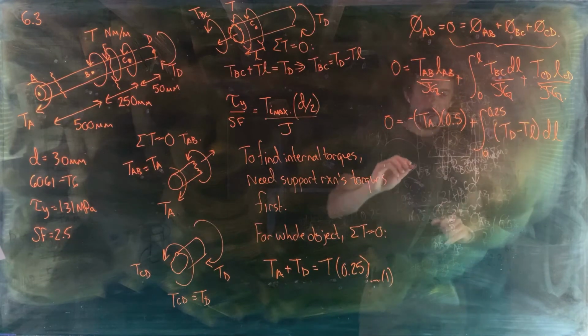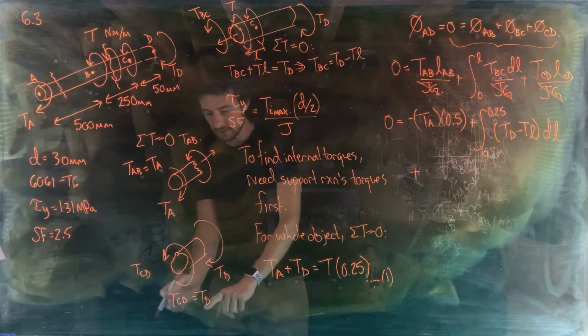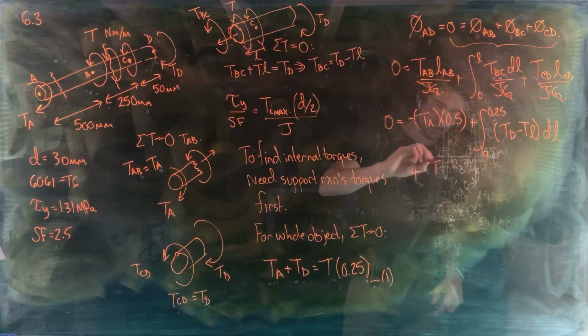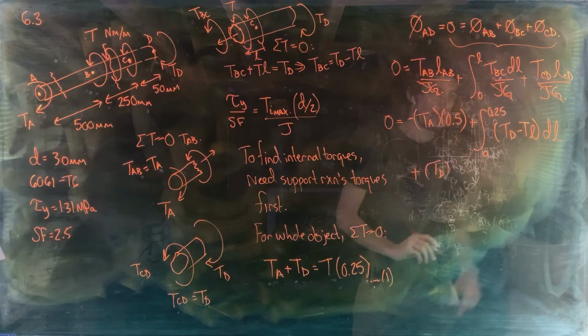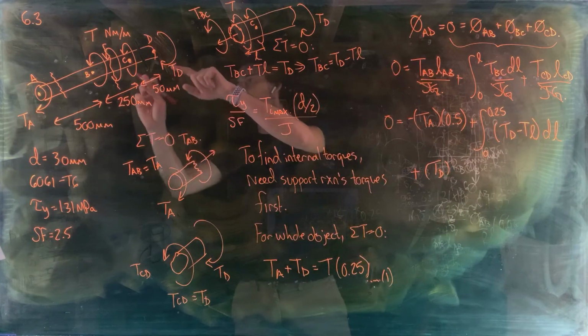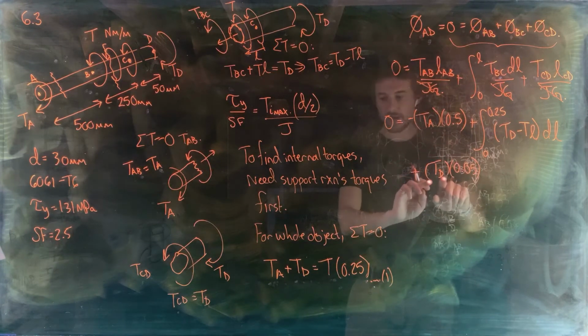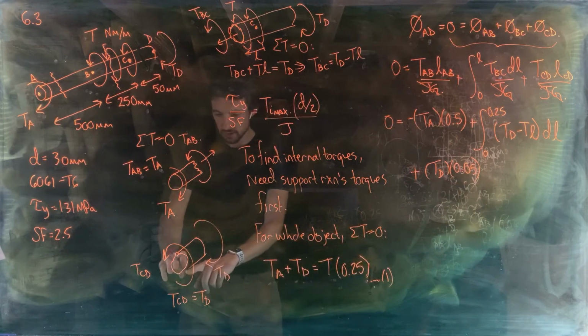All right, final term, TCD. TCD is equal to TD, so we can put TD in there. And then we've got LCD, which is the 50 millimeter length, so 0.05. And again, check the sign of TD. So where's our section cut?